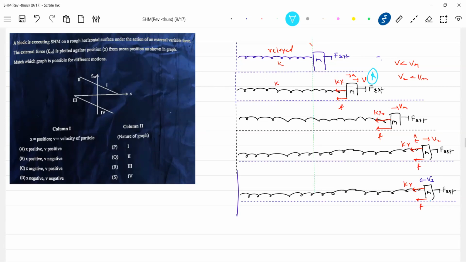This is the mean position in this one, and x is measured from the mean position as shown in the graph.